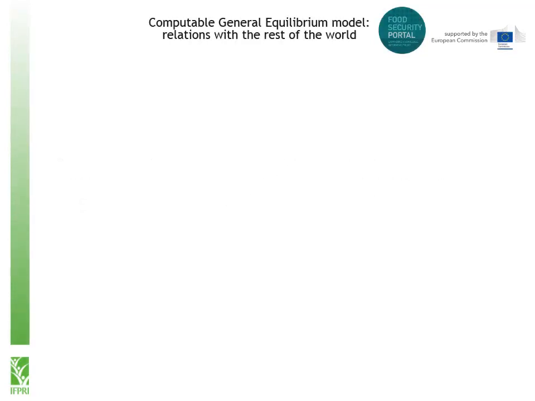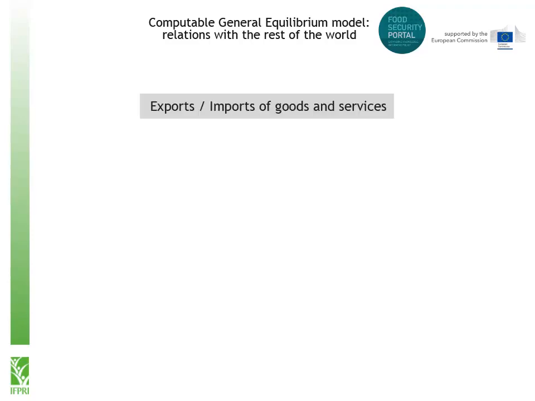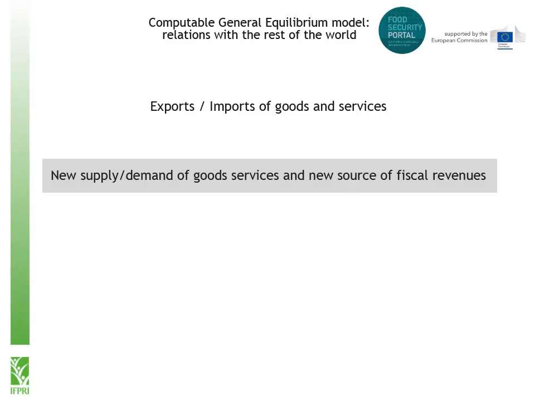So, how will trade relations with the rest of the world modify the Computable General Equilibrium Model that we have designed until now? There are several consequences. The first one is that we have something new, which is exports and imports of goods and services. And so this implies a new supply and demand of goods and services.